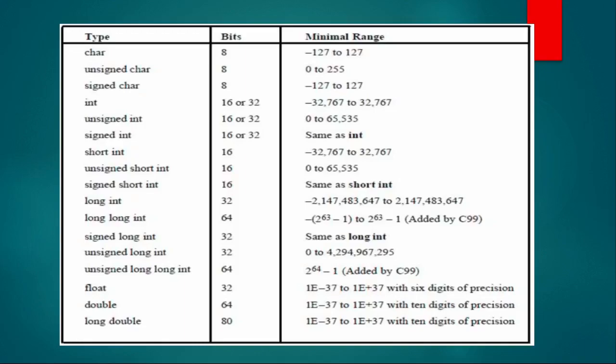So you can see a char gets allocated 8 bits. That's 1 byte of memory. 8 bits equals 1 byte. And it can take from minus 127 to 127. You can see that the char there says minimum range, and the minimum range is an integer value.